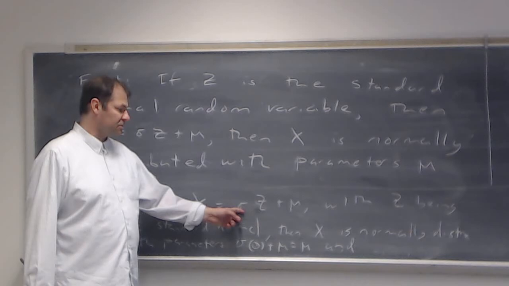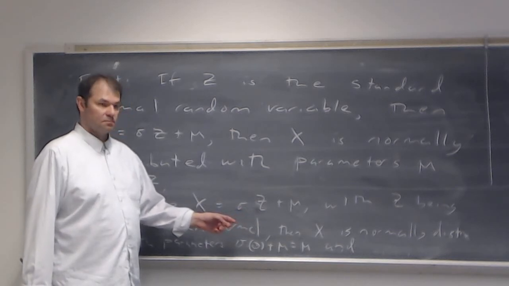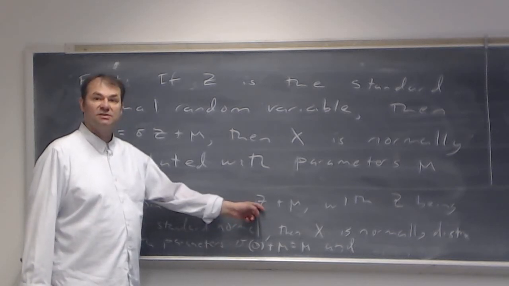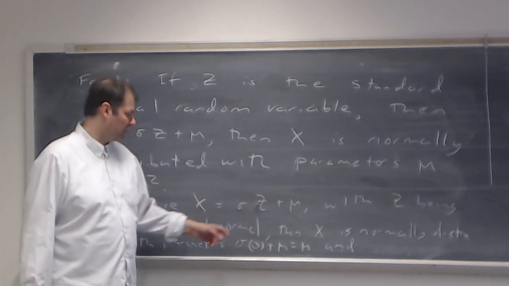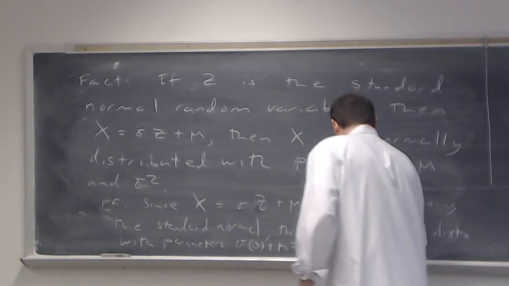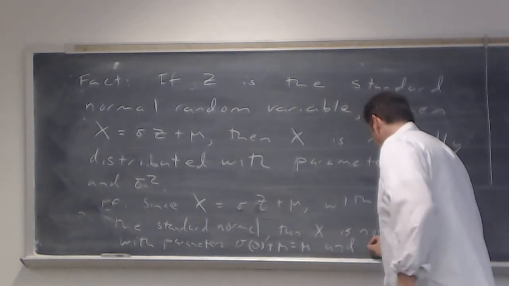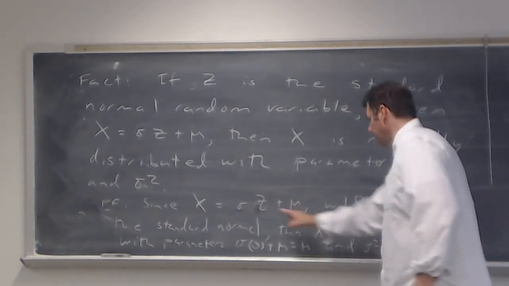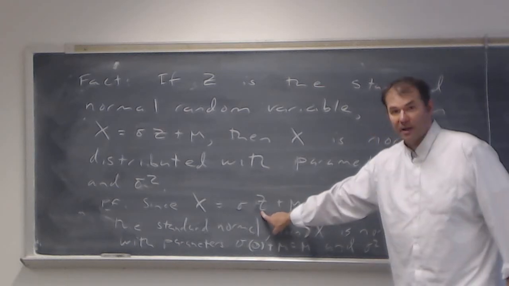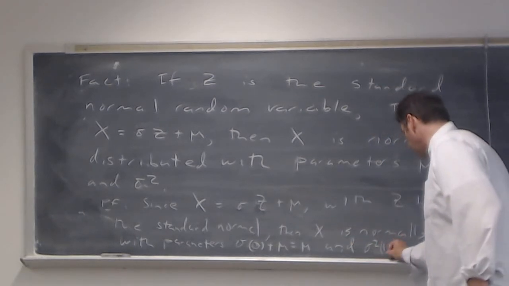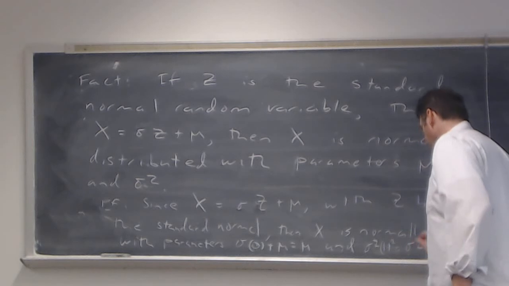It was A squared times sigma squared, where sigma was the second parameter for Z, that's 1. So here A is sigma, so sigma squared times the second parameter for Z, which is 1 squared, so that's just sigma squared.